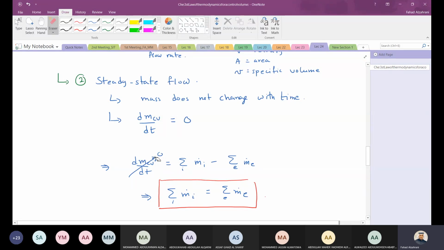Okay, I can make this 0, so there is no change of the mass of the control volume, which means my mass flow rate into the system equals the mass flow rate out of the system. And we'll take an example to clarify this in a minute. Any questions?